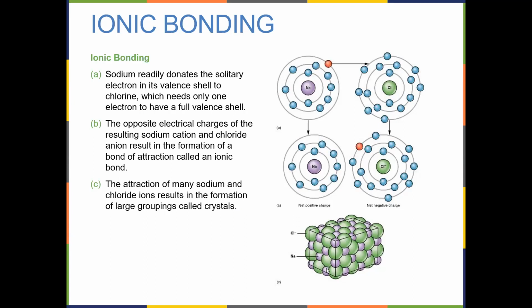And all salts are held together with ionic bonds. Sodium chloride, calcium chloride, magnesium chloride, calcium carbonate. Anything that is any type of salt is held together with an ionic bond, and they always form crystals.